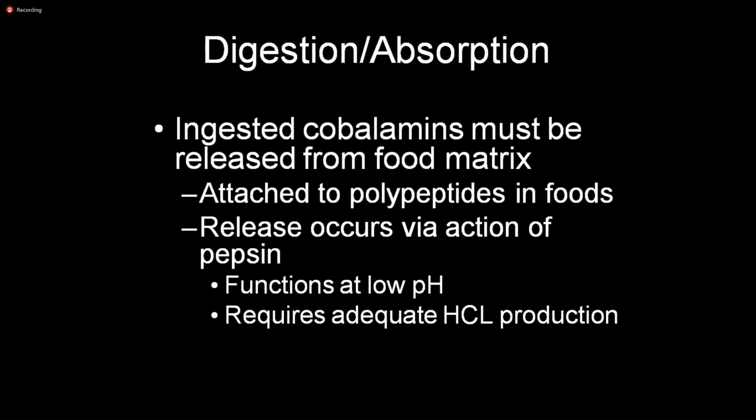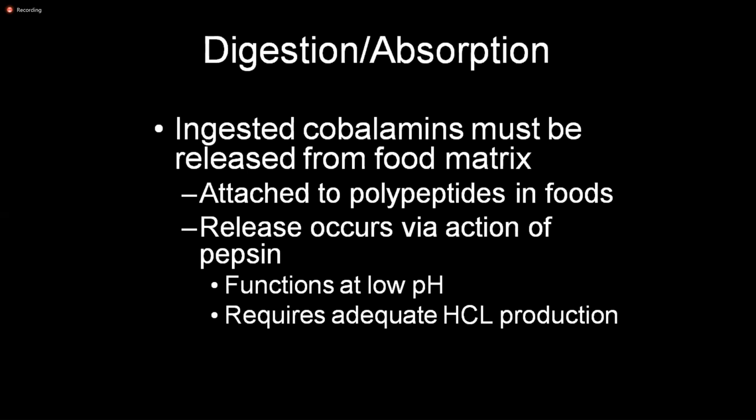Now we start with the metabolism of vitamin B12. In the metabolism, we need to know how this vitamin B12 is absorbed, transported, and utilized in the body. This is the metabolism of vitamin B12, starting from digestion and absorption.